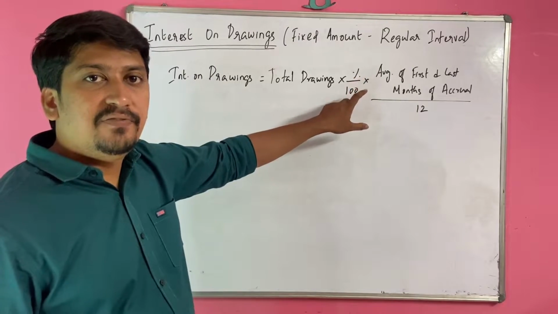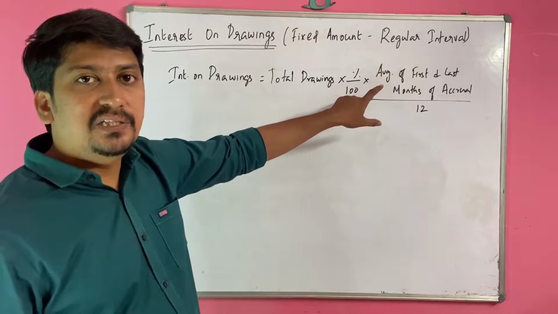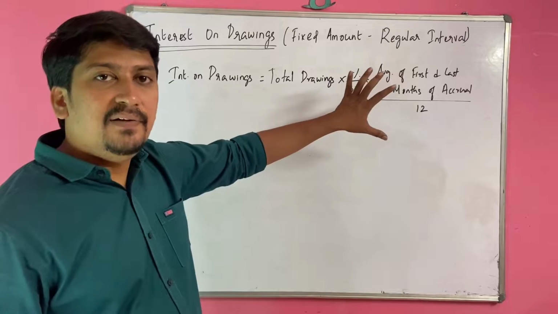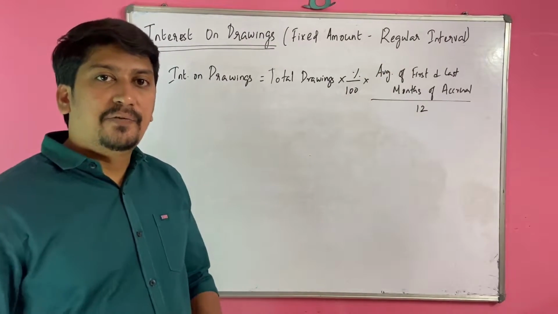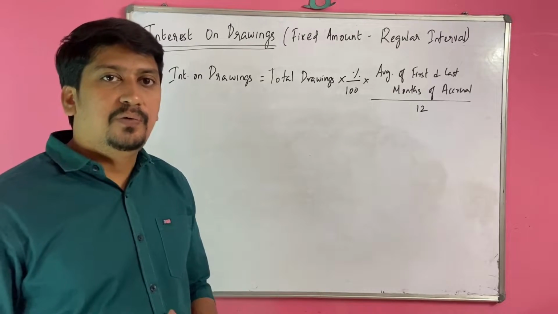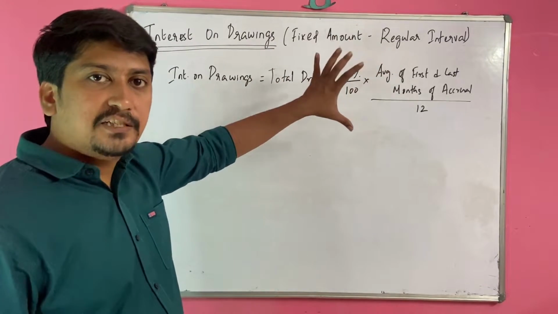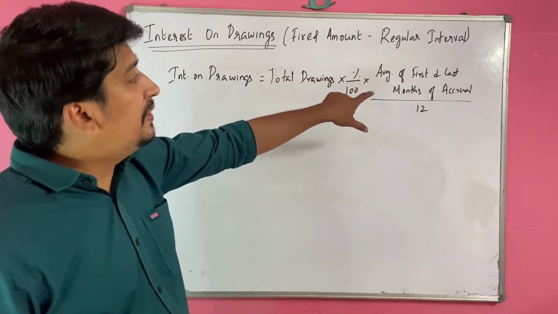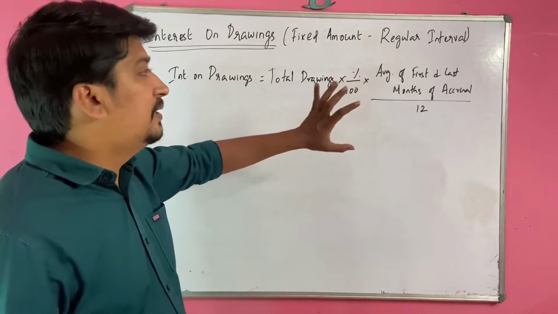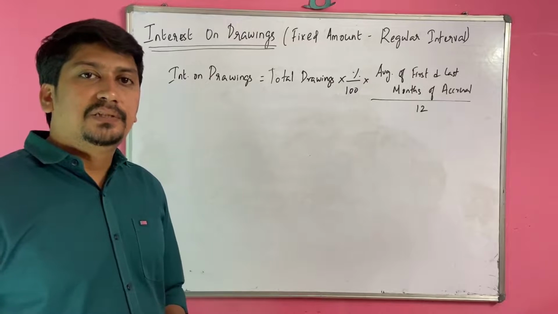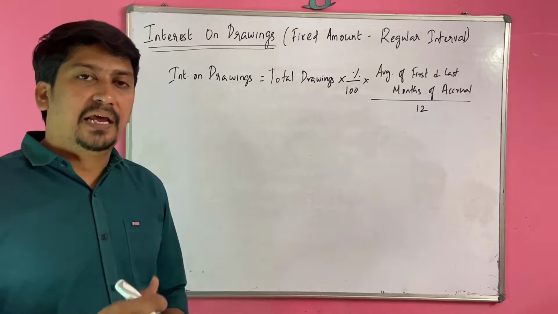The formula says the average of the first and the last months of accrual is what is required. And I will tell you why we are taking this average. I request you to watch this video fully so that you will be able to understand the derivation of this formula. I will explain fundamentally why we take the average of first and last, so you need to watch the full video. Today we are going to see every month. Let me first calculate interest individually for every month.